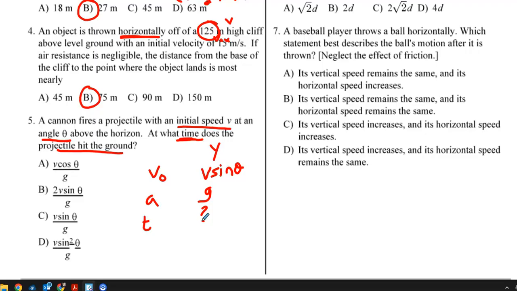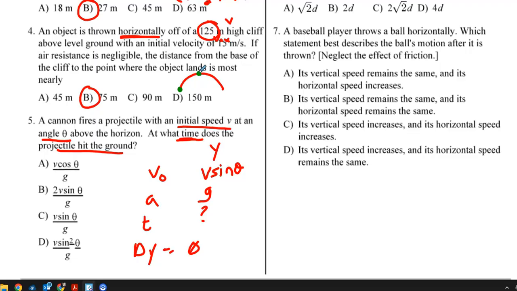I'm going to do it for the full flight. If we look at the full flight, then we know that delta y is 0. You could alternatively do it for half the flight. And in that case, you don't know what y is, but you do know that vy, the final velocity at the top here, is 0, and then double your answer. So I prefer this method here.